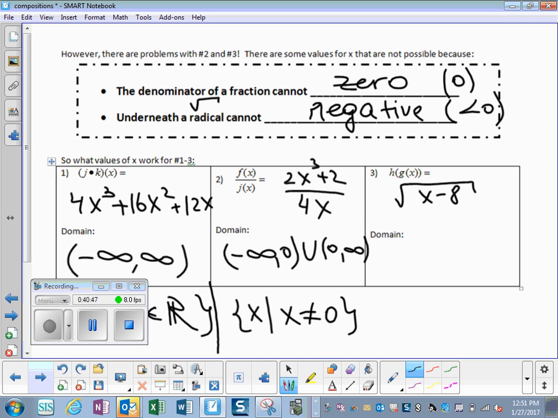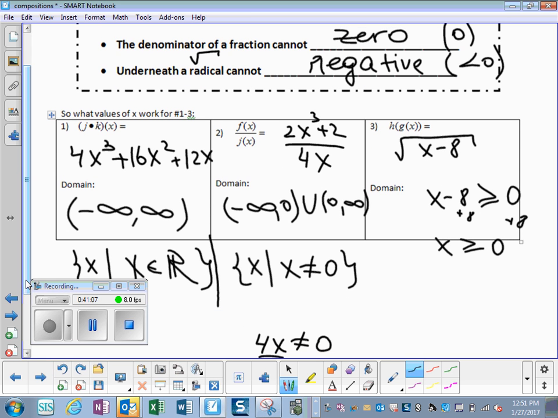Negative number. So what I need to figure out is my domain. x minus 8 has to be positive or at least non-negative, so greater than or equal to 0, right? This is what I want. So in set builder notation, I would have all x such that x is greater than or equal to... Oh no, I'm sorry, not 0, 8.